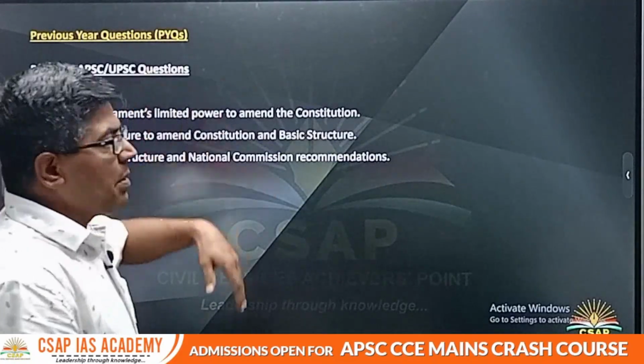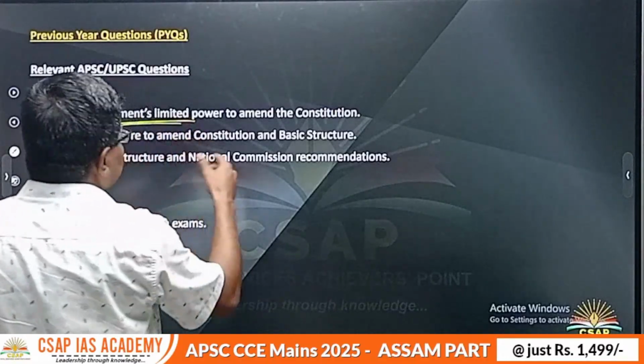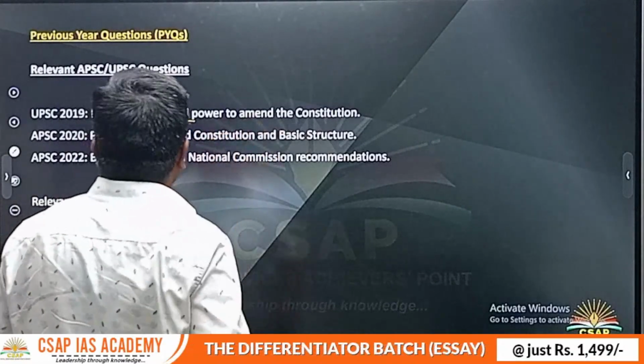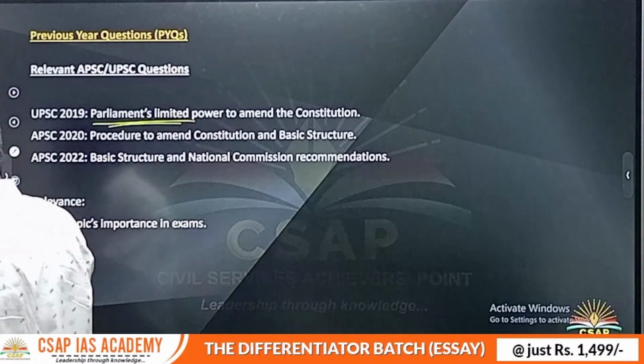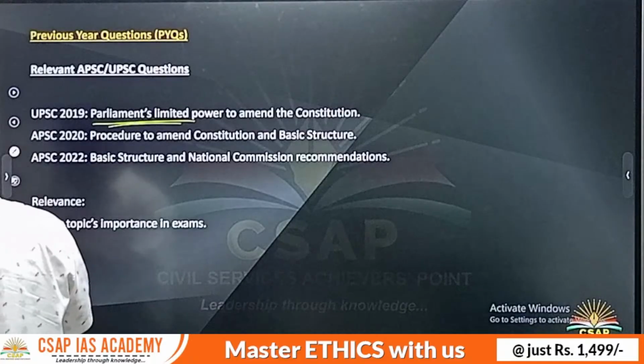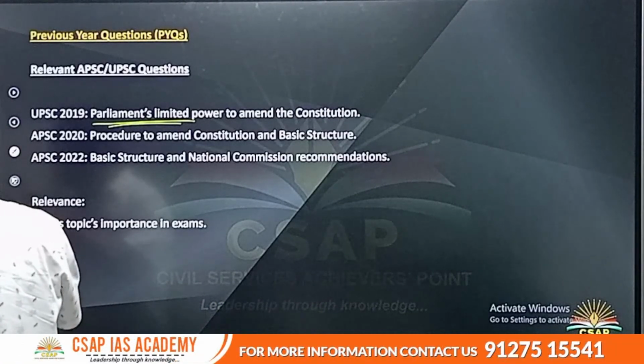Okay, so there are some important previous year questions that we can talk about. These are all related to the amendment of the Constitution, and in some of the cases, what was the recommendation of the National Commission, all those questions were asked, right?